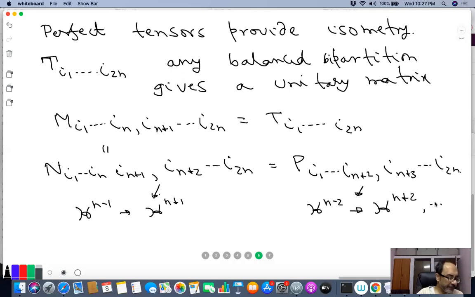Okay, so this way, starting from a perfect tensor, we can construct various isometries. Are there questions?